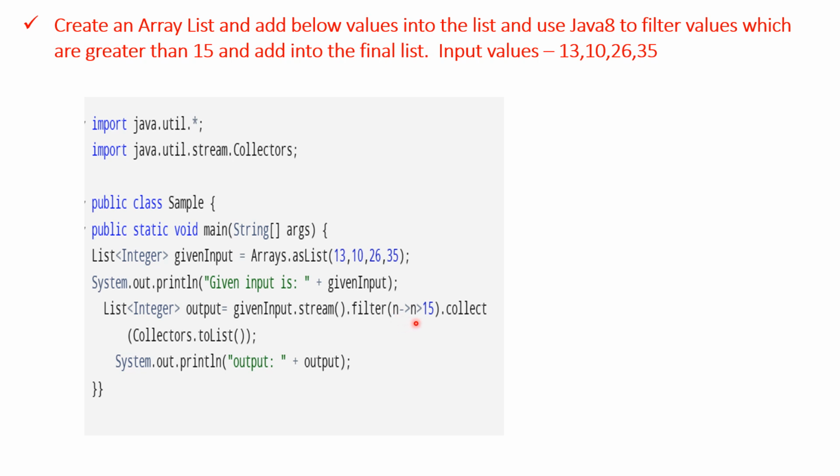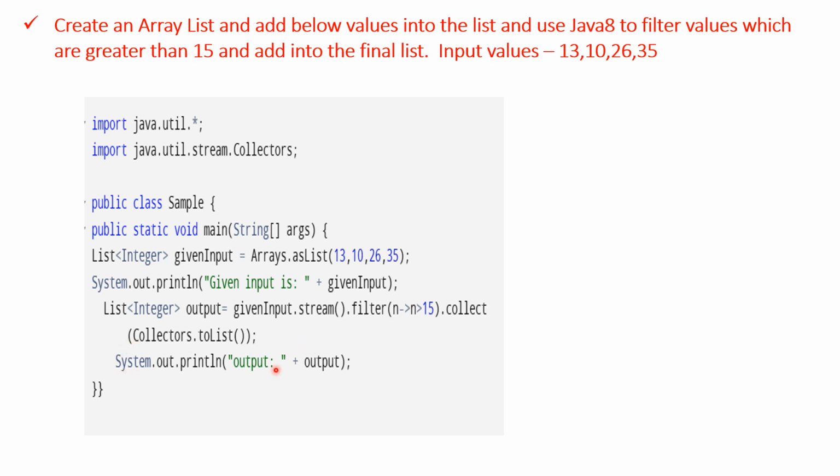For every value it will check the condition we mention here: it should be greater than 15. Then we have to collect, meaning get everything into a list, so we use collect with Collectors.toList. It will give the output in the format of a list.